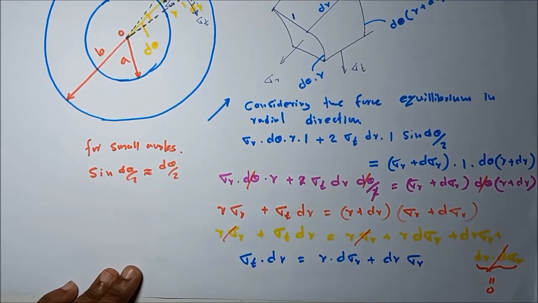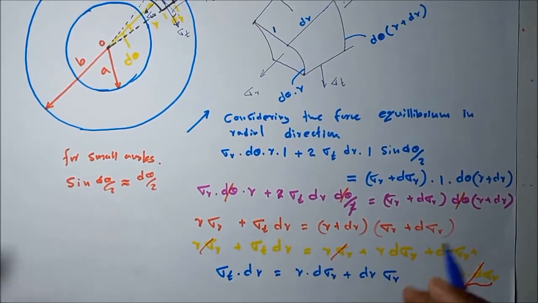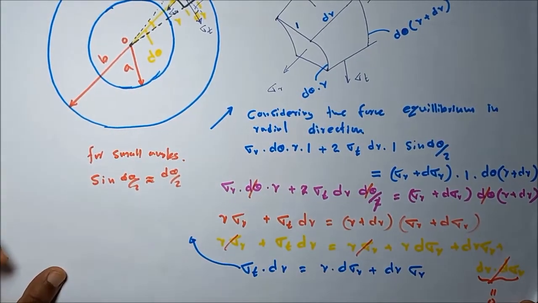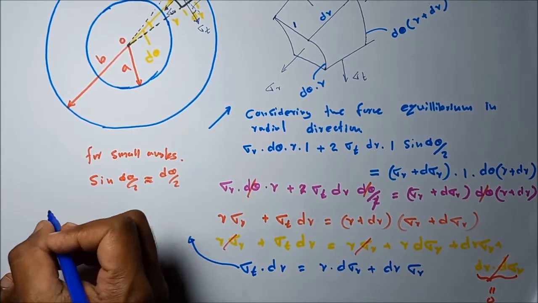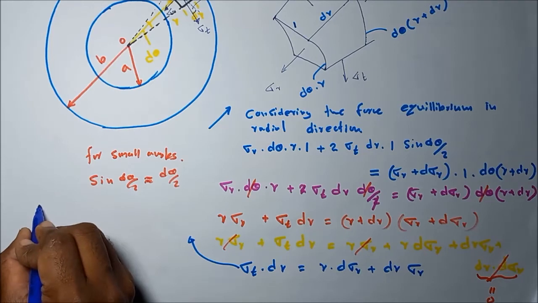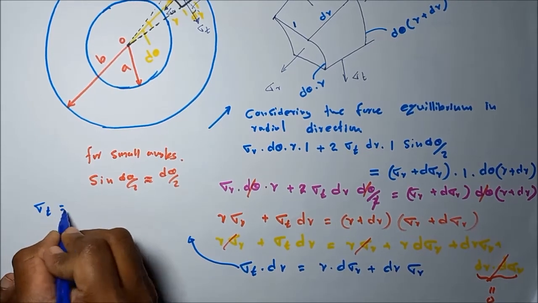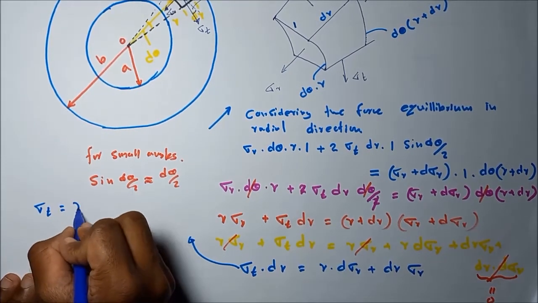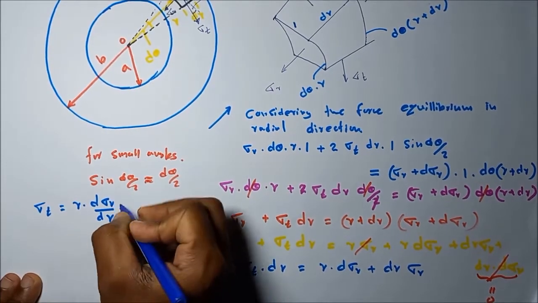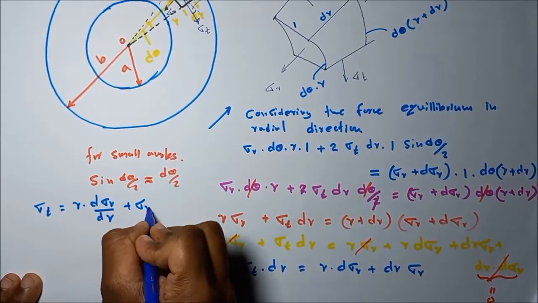Then the entire equation I am going to divide by dr. Finally we have this kind of equation: sigma t is equal to r d sigma r by dr plus sigma r.